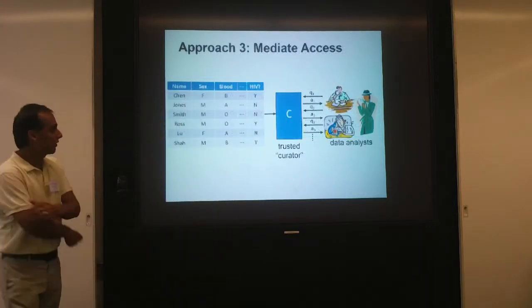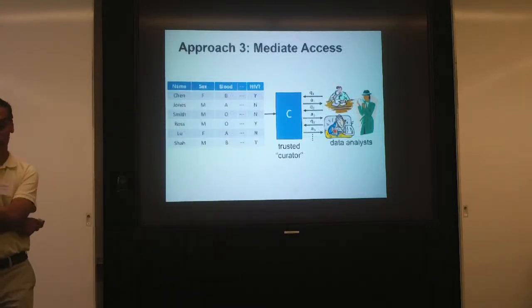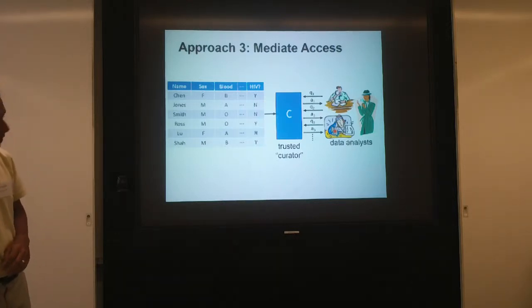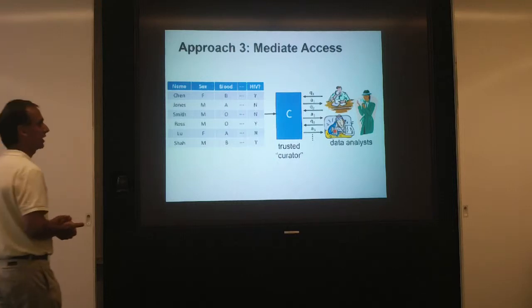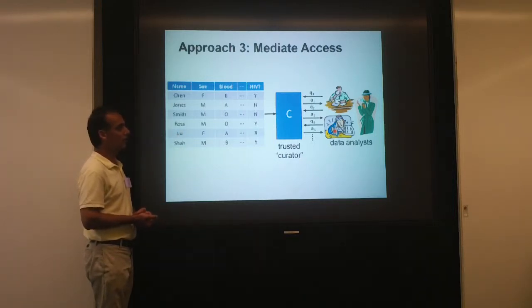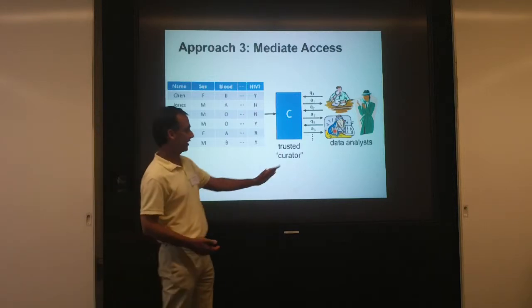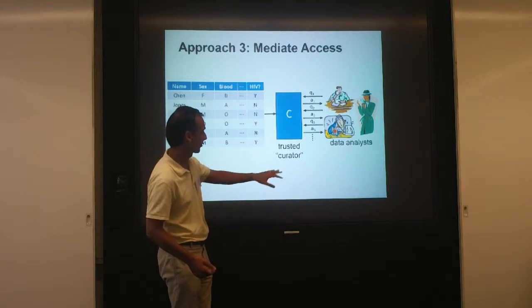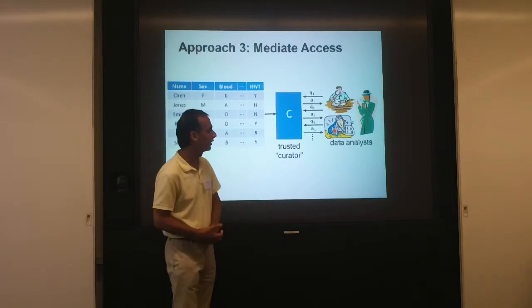Okay. A third approach, which is also used in practice, is to mediate access to the data. So we won't try to release the data set as a whole, but we'll set up some kind of interface. In this talk, we'll call it, and sometimes in the literature it's referred to as, a curator.